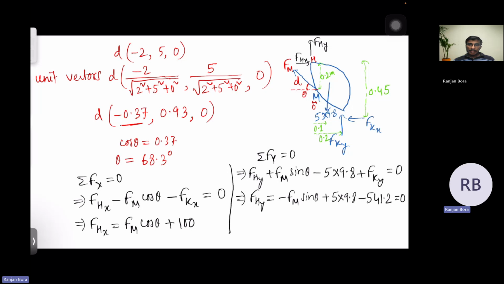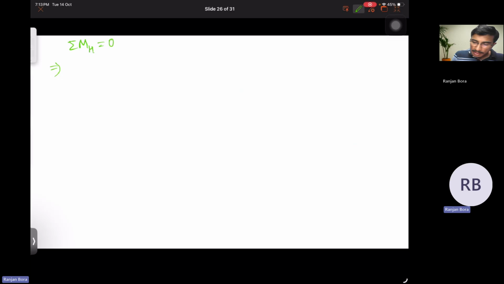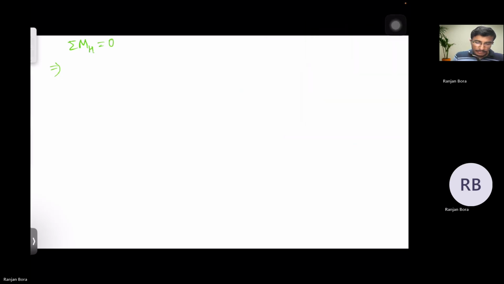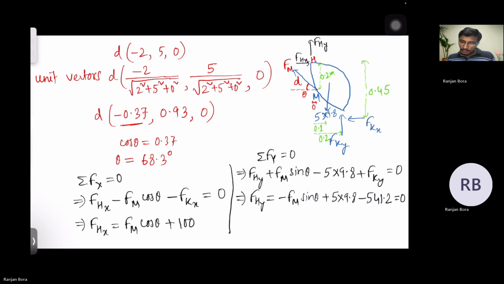So now we know the moment arms for all the forces. We'll take moment equilibrium about point H, the hip joint, as 0.